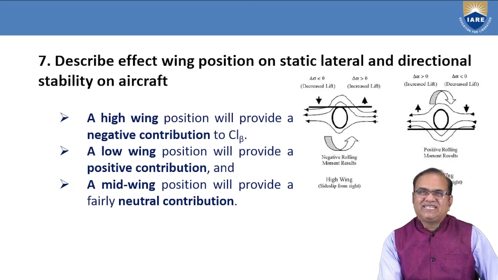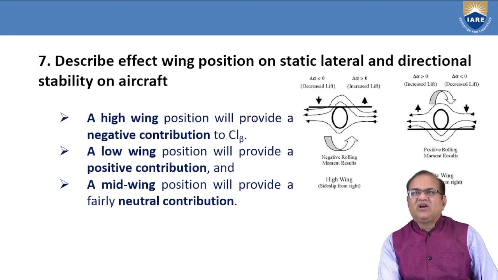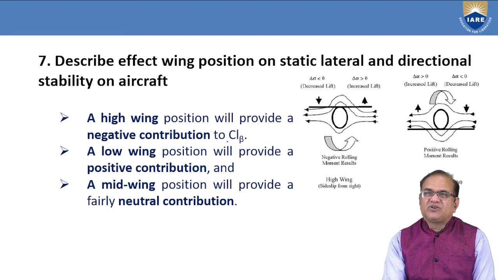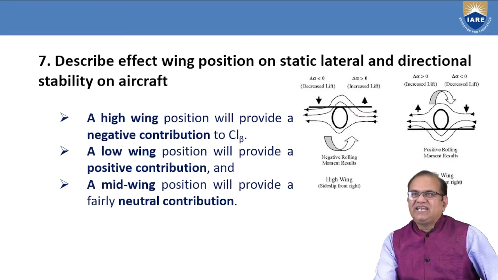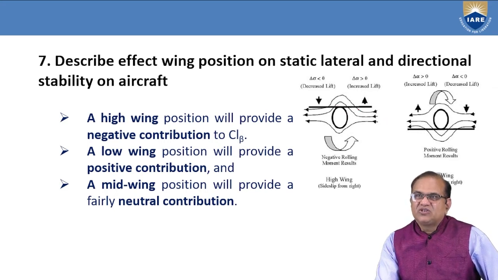We can see here that a high wing position will provide a negative contribution to CL beta. Here we have the high wing, and the flow is coming from this direction.